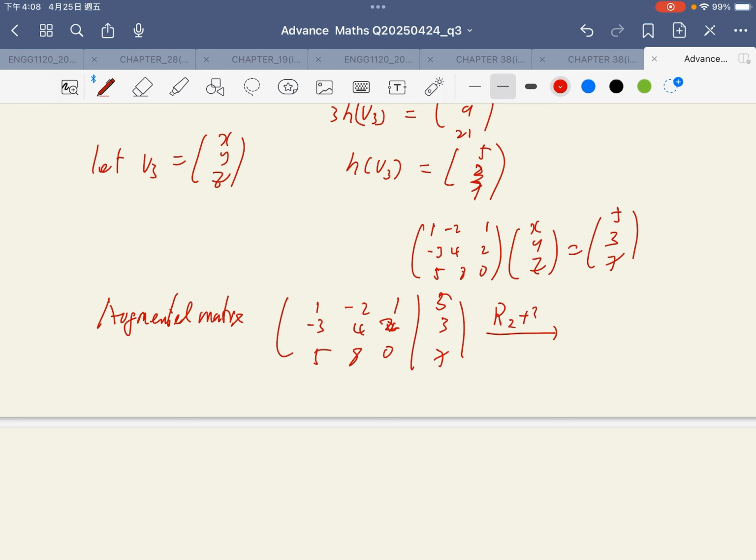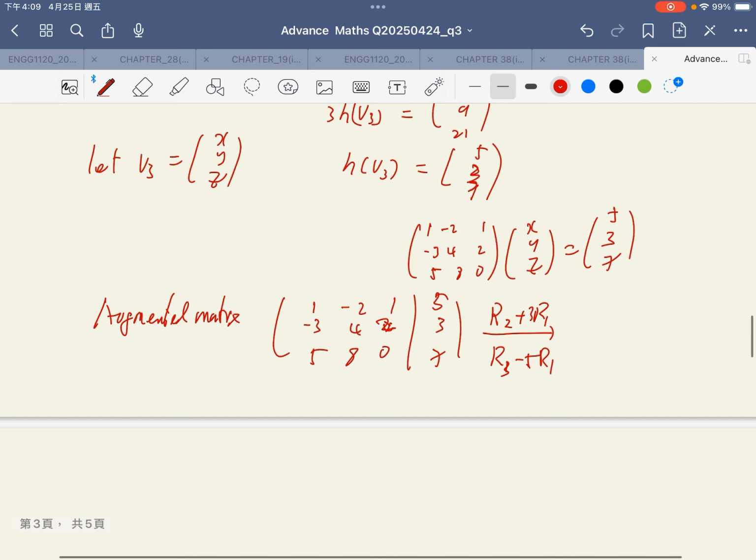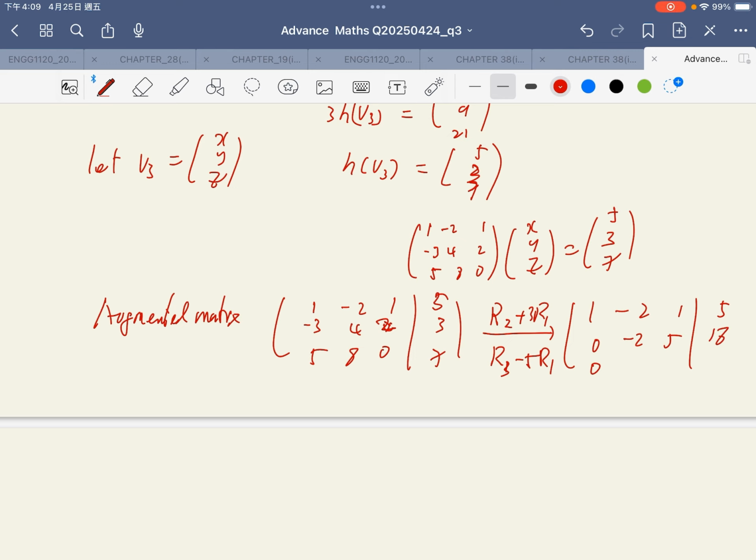Row 2 plus 3 times row 1, and row 3 minus 5 times row 1. Keep row 1 unchanged, and the second row is here, the third row.